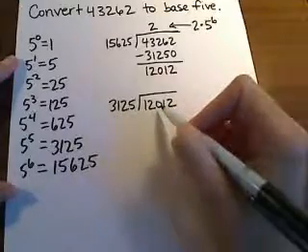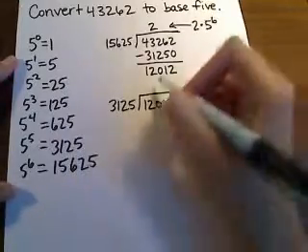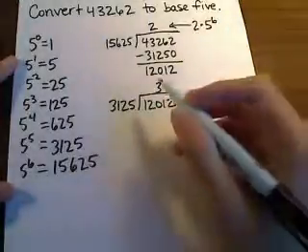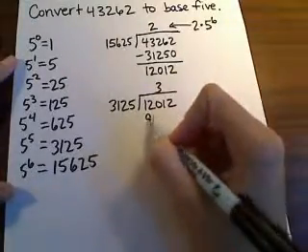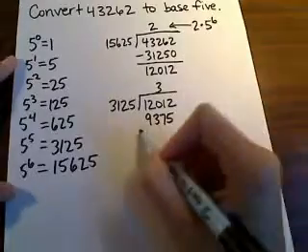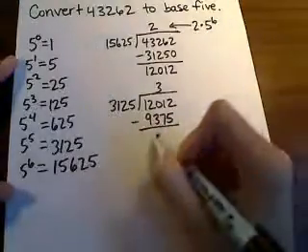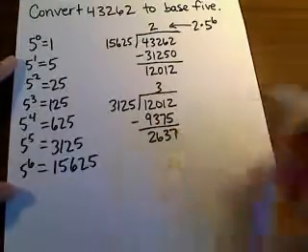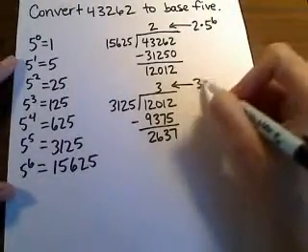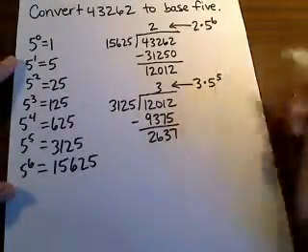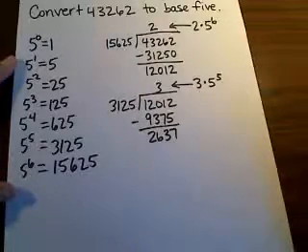And 3125 will go into 12,012 3 times evenly, and 3 times this number here is 9375. Okay, do a subtraction and you get 2637. So this right here is telling me that I have a 3 in the 5 to the 5th position in the base 5 number that we're trying to go into.